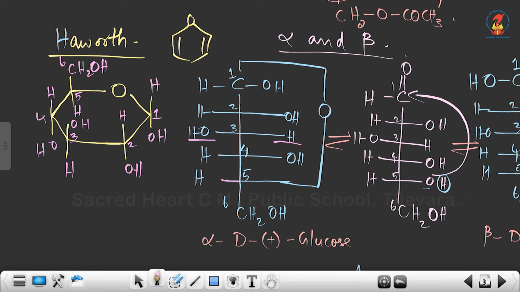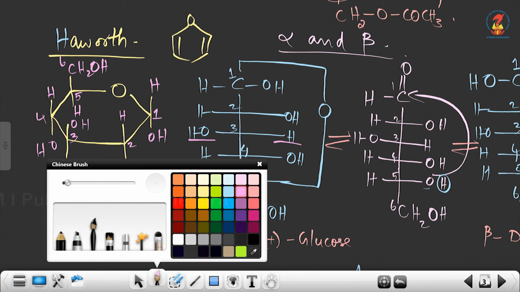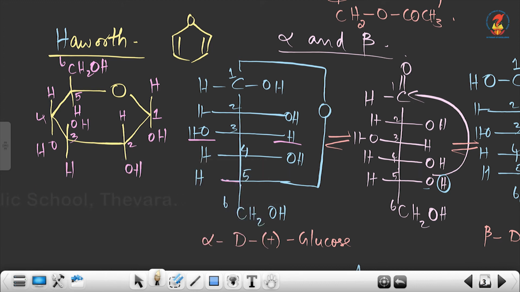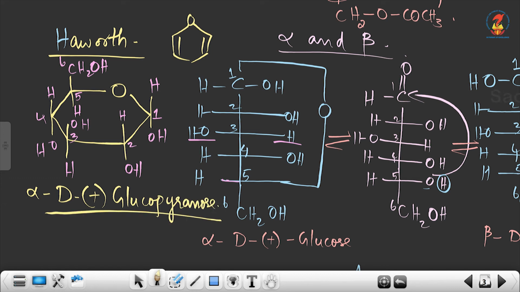So this is the Haworth structure of glucose. Now this is the structure of alpha D plus glucose, and the name of the structure is alpha D plus glucopyranose. So you look at the cyclic structure of alpha D glucose and draw the Haworth structure for glucose.